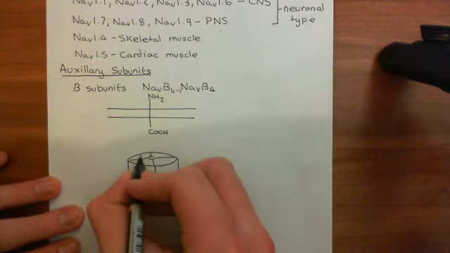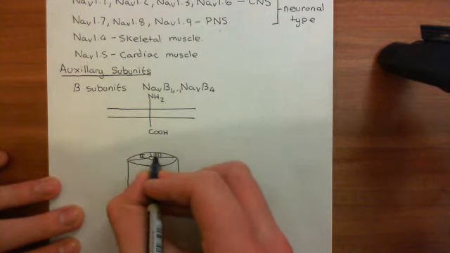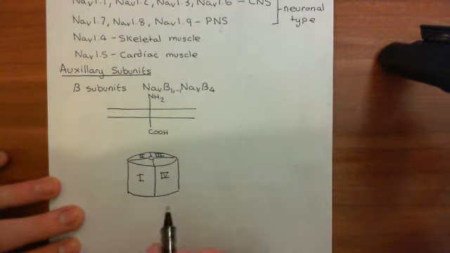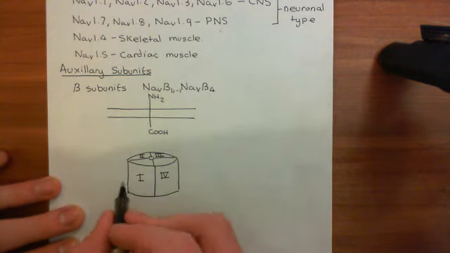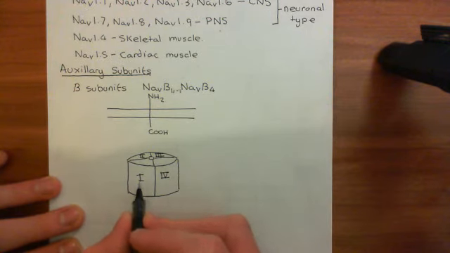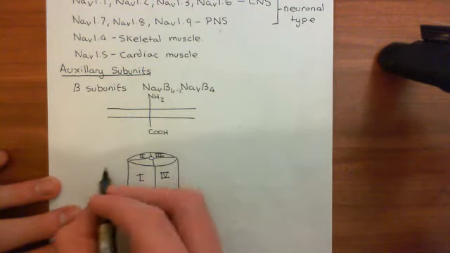So here's domain 1, here back here is domain 2, over here is domain 3, and then here is domain 4. Now, basically, to domain 1, you can attach covalently either a beta 2 subunit or a beta 4 subunit.